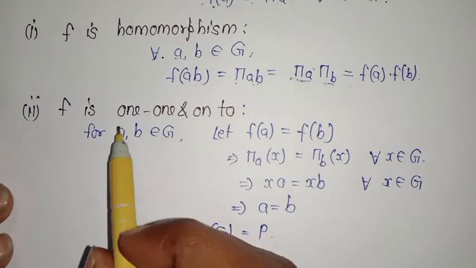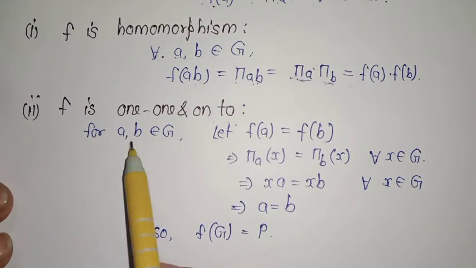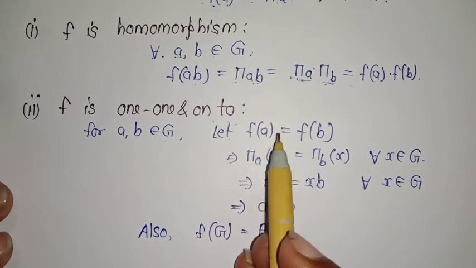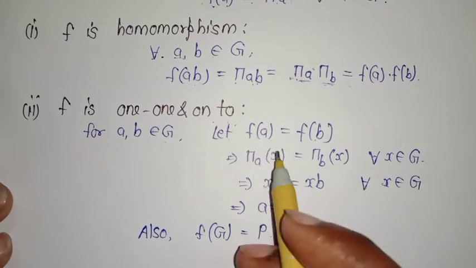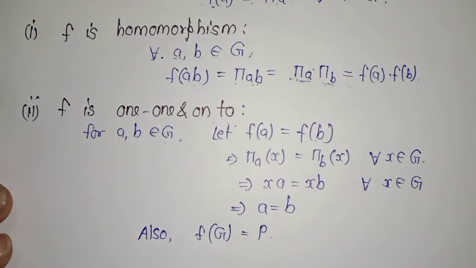So now we show that f is one-one and onto. In order to show that it is one-one, we consider that for a, b belonging to G, f of a is equal to f of b. If we are able to show that a equals b, then we can say that f is one-one.